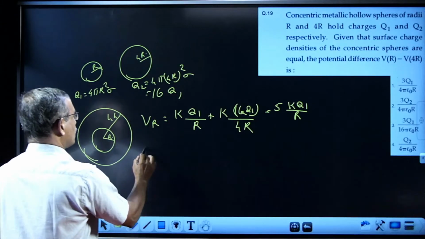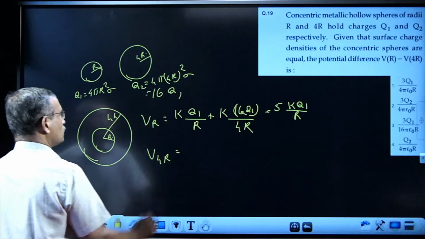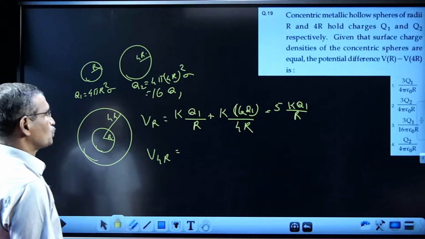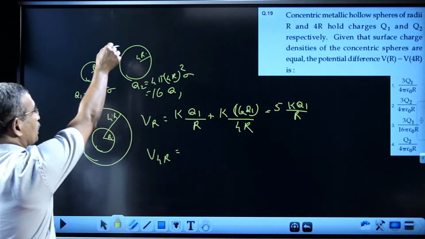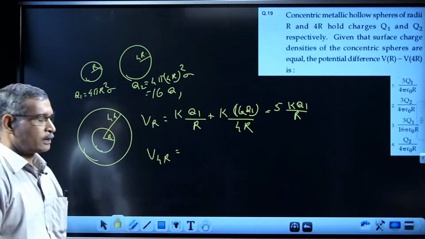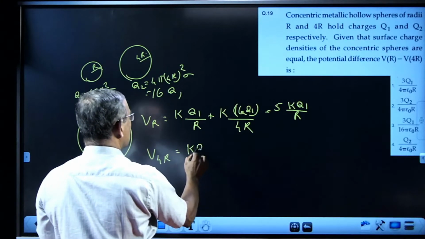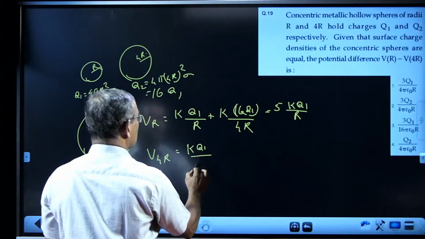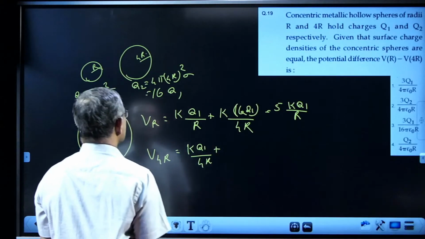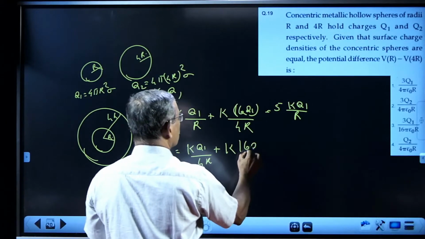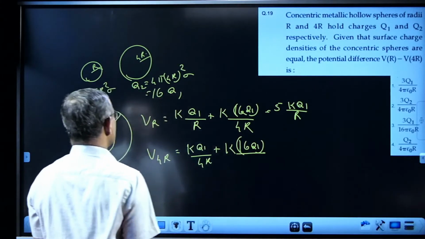Now what is V_4R? V_4R is the potential due to the inner one on the outer one plus its own. That is equal to K Q1 by 4R plus K times 16 Q1 by its radius 4R.